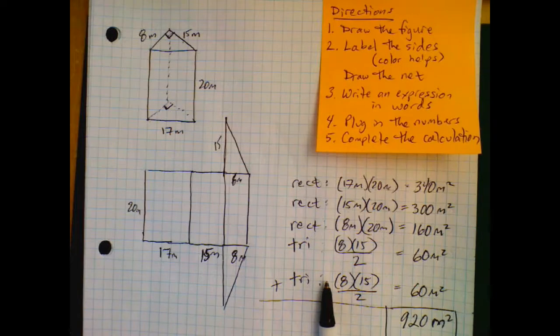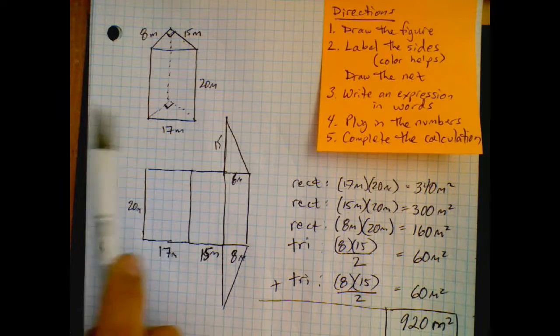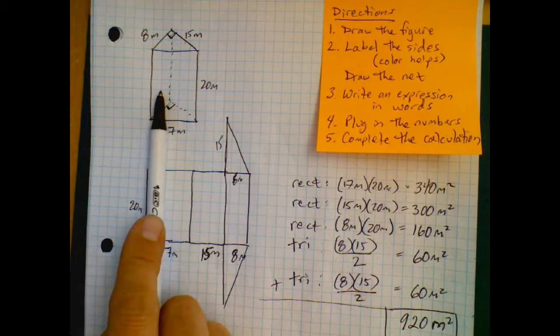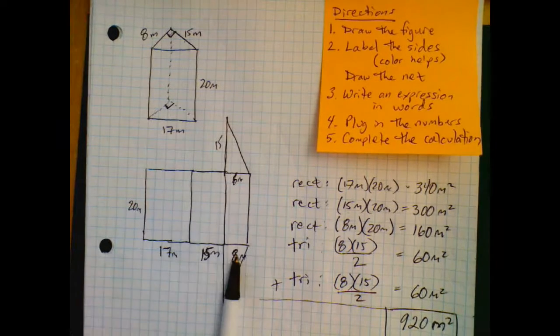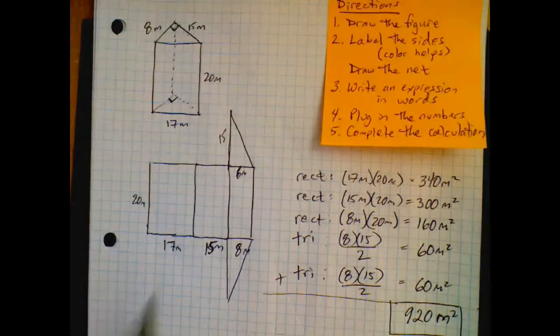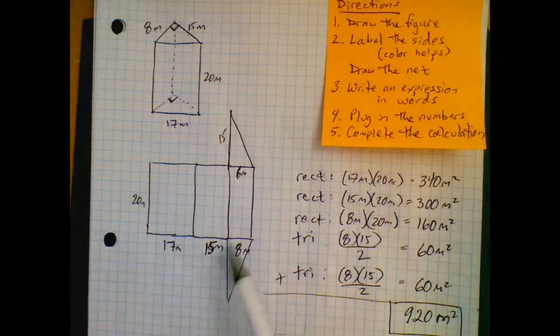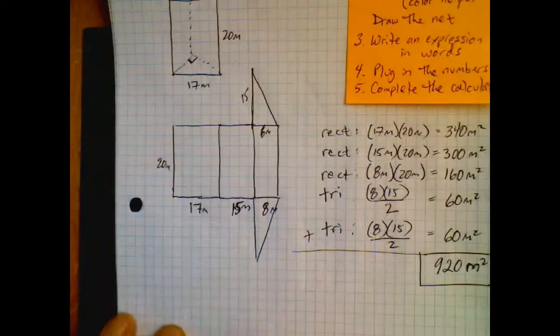Hope this helps. But remember, you want to be able to look at the figure as it's drawn and visualize the different sides, what their shapes are, and the measurements where they come from. As a check, we could sort of do this one other way. We know the two triangles, so just as a little check, let's look at it this way.